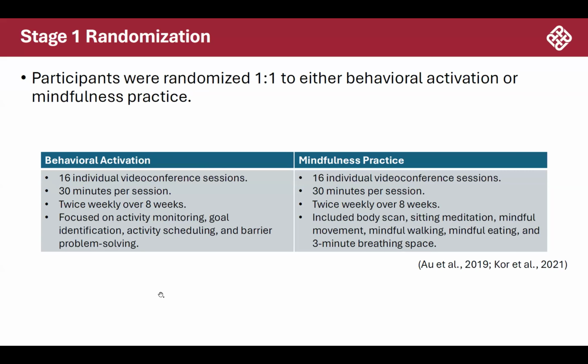The activities include activity monitoring, goal identification, activity scheduling, and problem solving of barriers. So you can see the behavioral activation actually helps the family caregivers to better schedule their activities so that they will have more time to participate in different social activities to reduce their depressive symptoms.